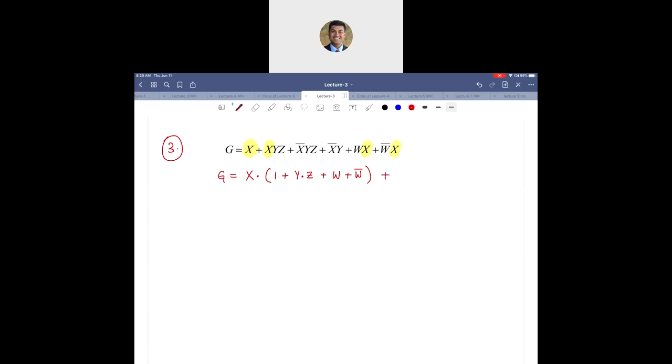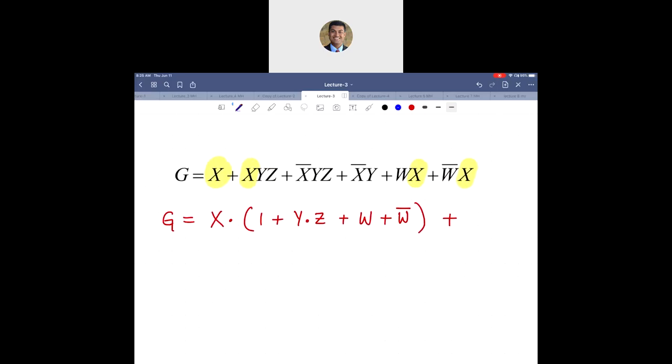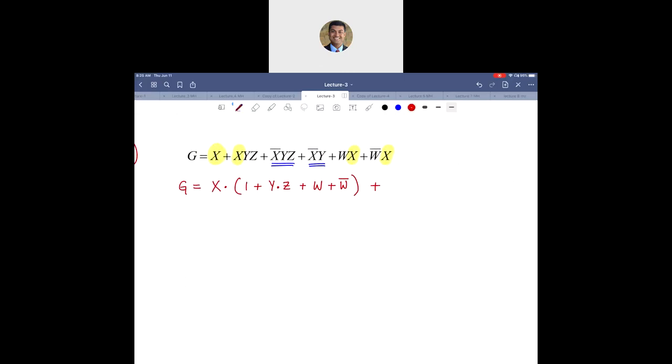Okay. Next, let's see if we can do something about the two terms that are left. So that's one, that's the other term. I think I can pull out an x complement and y as a common factor between these two terms. So I'll do that. X complement and y pulled out as a common factor, and then I have a z or 1 there, which will also become a 1.